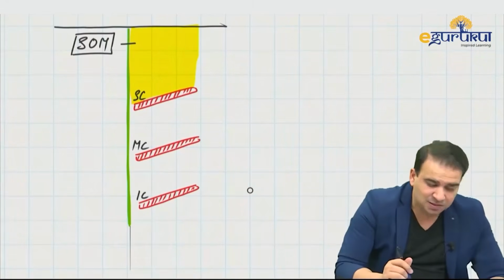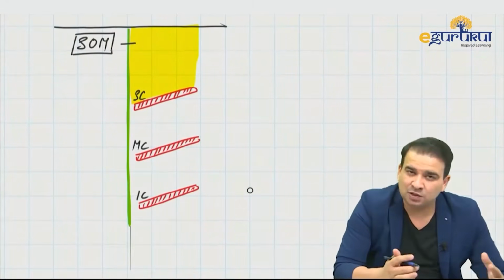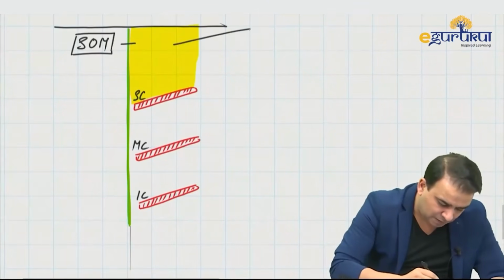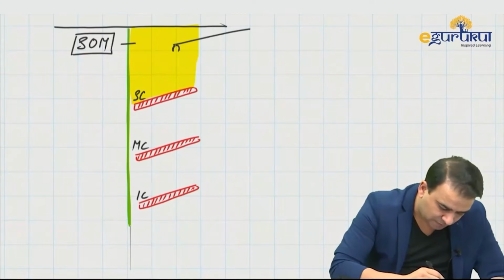So what is there between the base of the skull and superior constrictor? That was the only space we didn't discuss. Now, one you will see here is the passage of auditory tube, guys. So one structure which is seen here is the auditory tube.